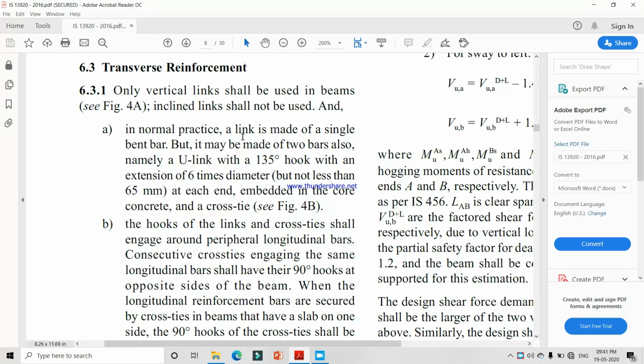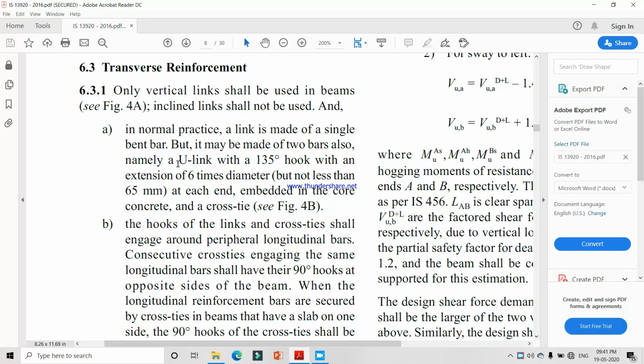In normal practice, the link is made up of a single bent bar. That means only a single bar is used. We cannot overlap for a link, but it may also be made from 2 bars.